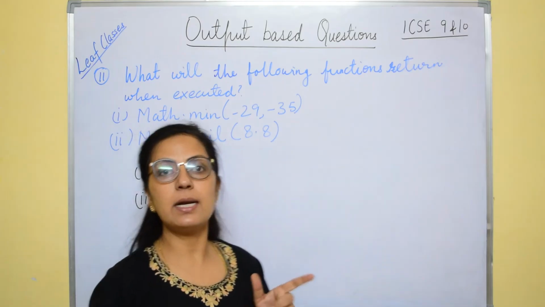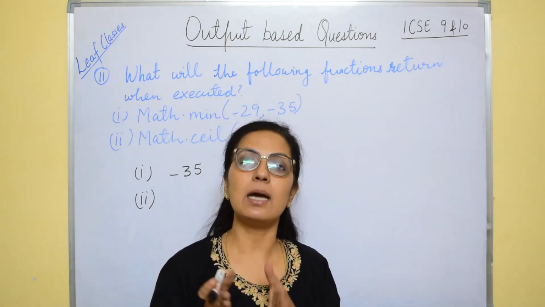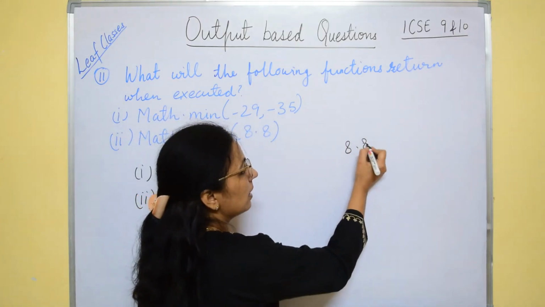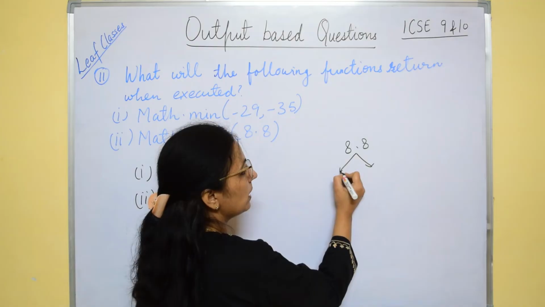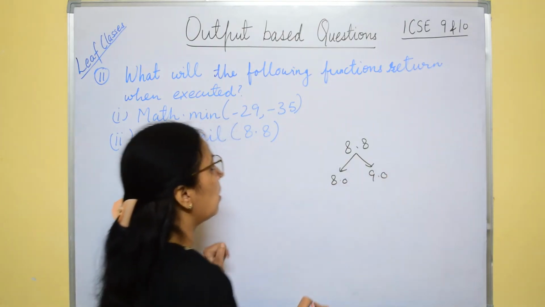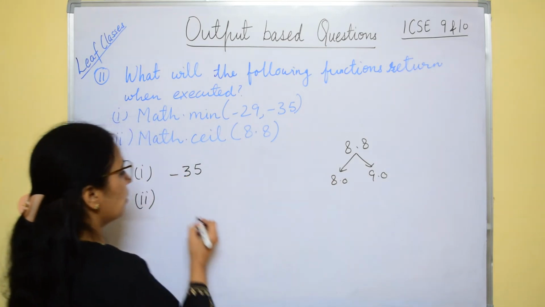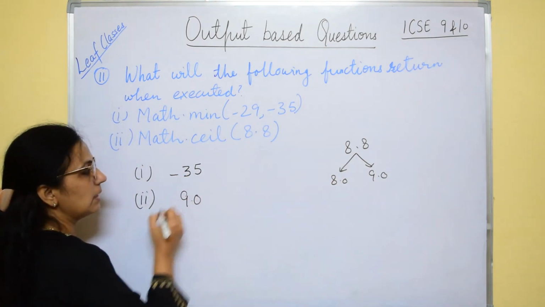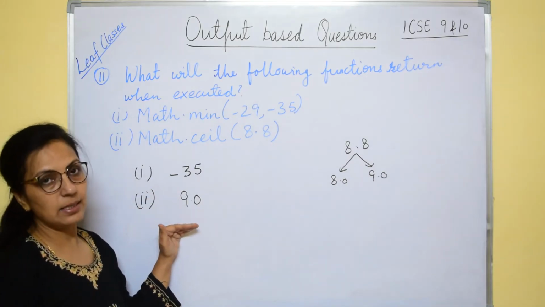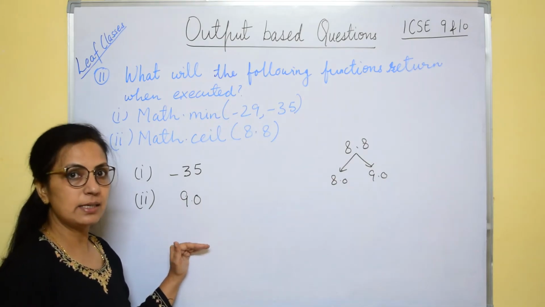The ceil function returns the nearest highest integer in double form. So if we take 8.8, near to this are two integers, 8.0 and 9.0. So the ceil function returns 9.0, the nearest highest integer. So you have to write the answers like this, no need of writing the statements or in sentence form.